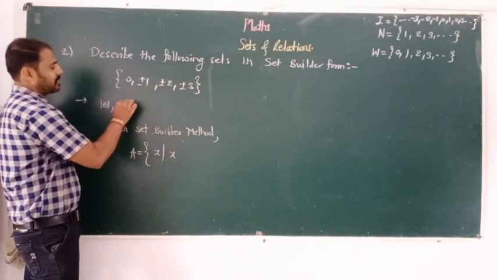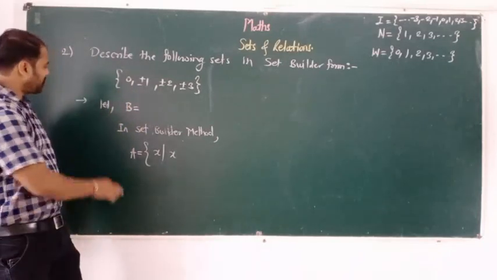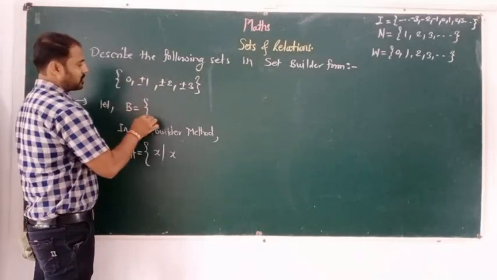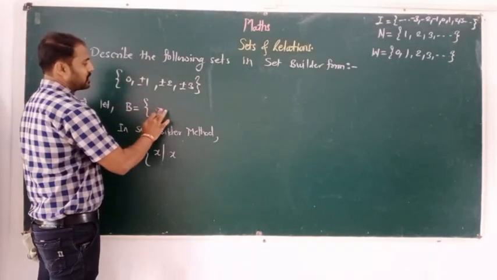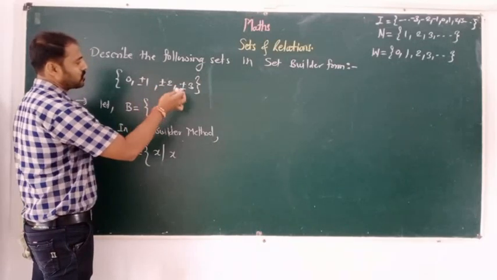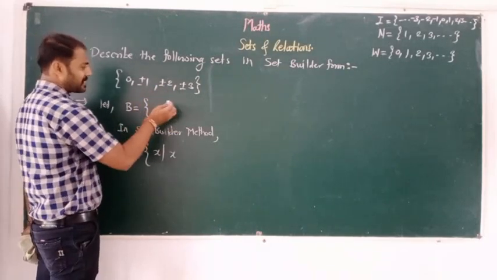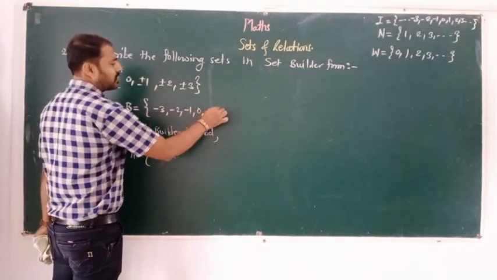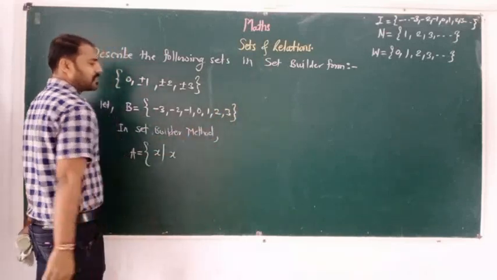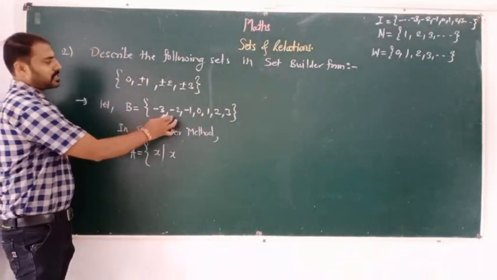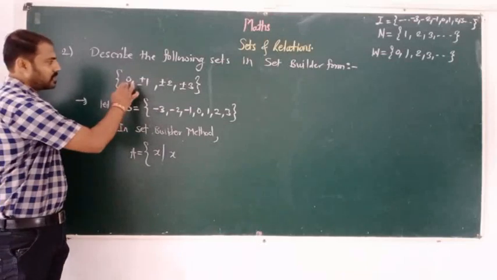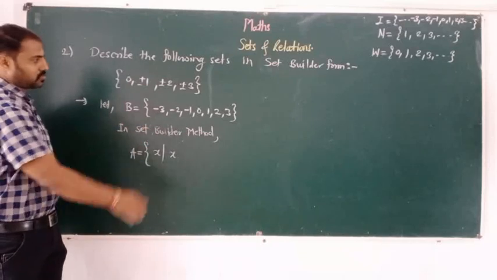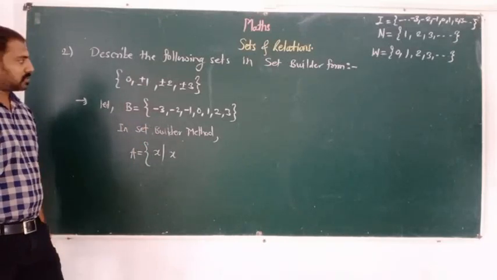First we write the name of that set. So I am writing here in the solution, let B is equal to curly bracket starting from 0, plus minus 1, plus minus 2, plus minus 3. So I am writing here: minus 3, minus 2, minus 1, 0, 1, 2, 3.